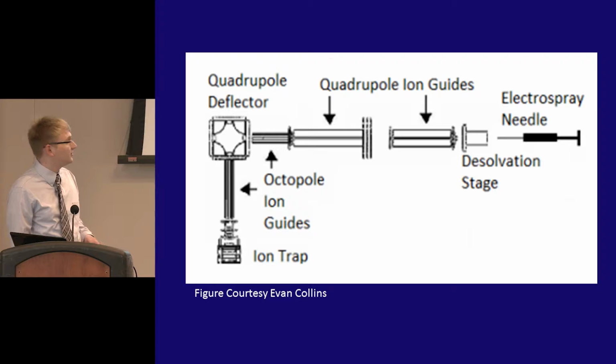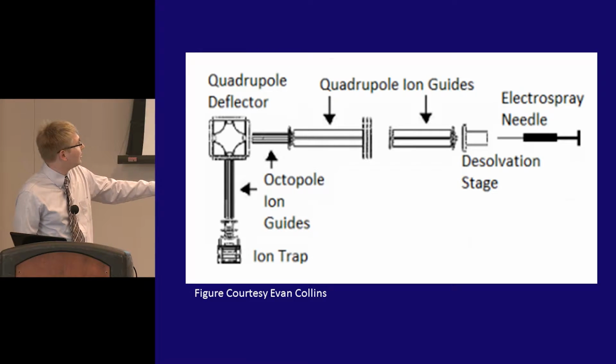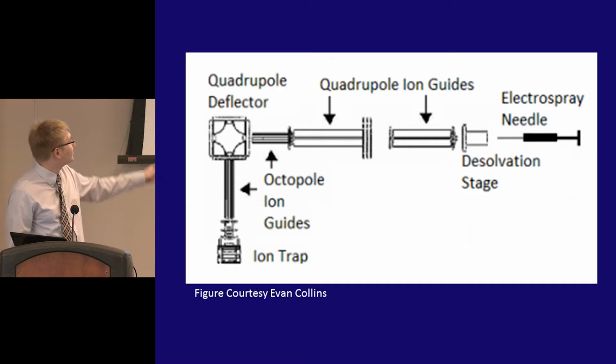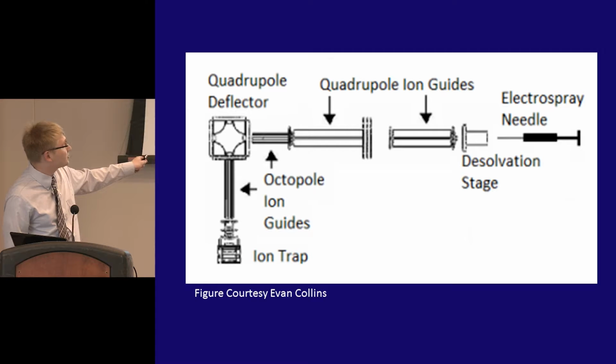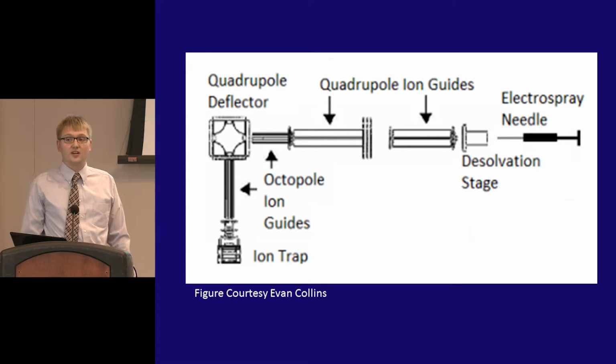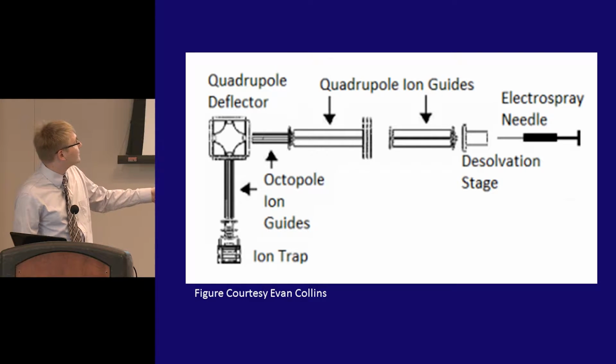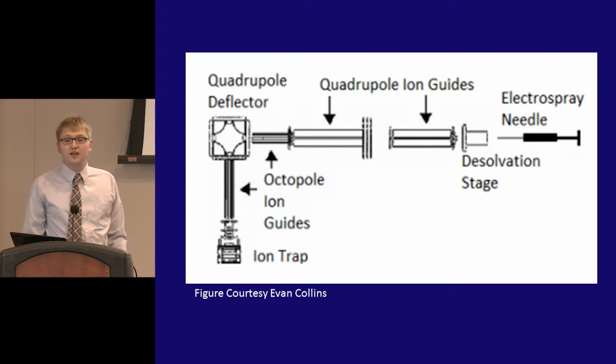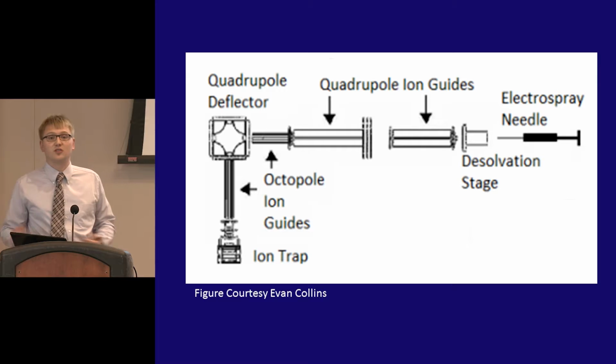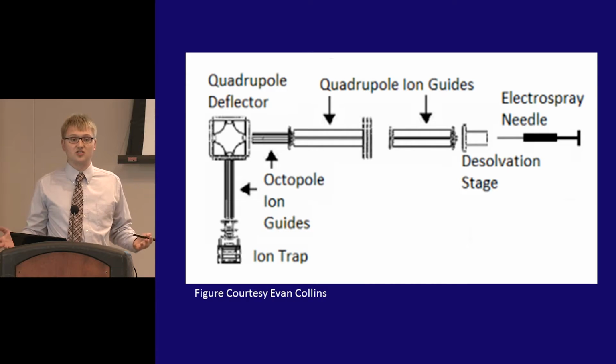So this is a schematic of the electrospray source. Here's the electrospray needle we were talking about earlier, the desolvation stage, where most of the solvent is removed, and these, the ion guides. The ion guides work by using an electric field that oscillates to confine the analyte as we slowly move it down the beamline. Electrospray ionization happens at room pressure, so at the same pressure that we're currently standing in.